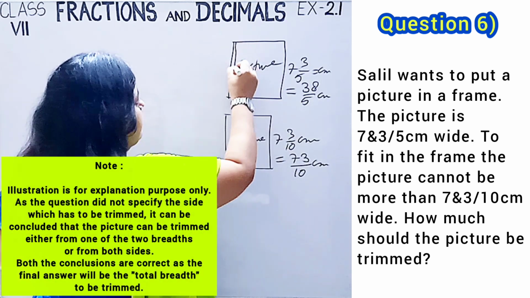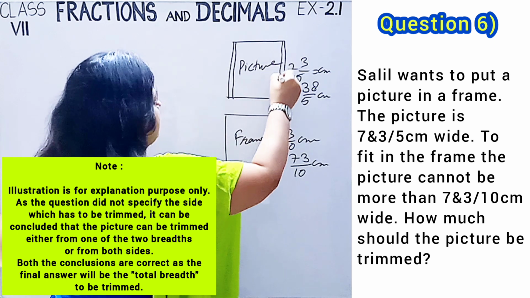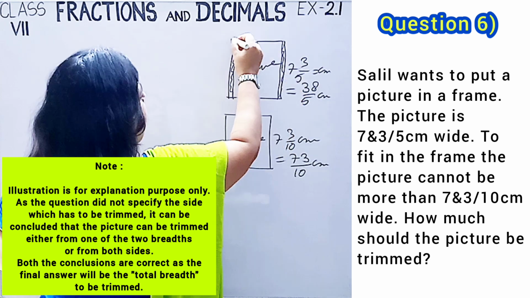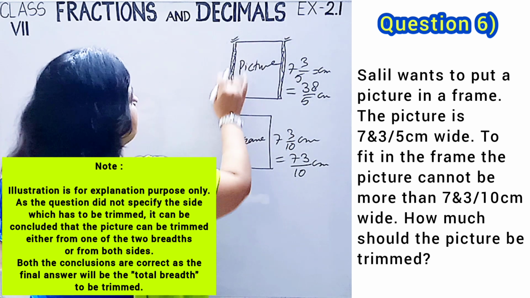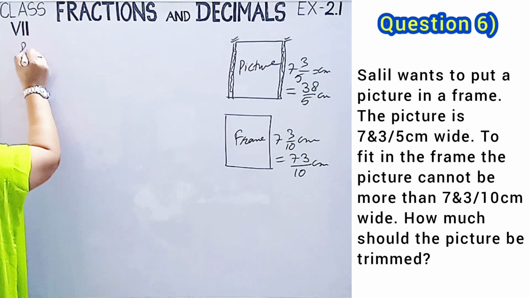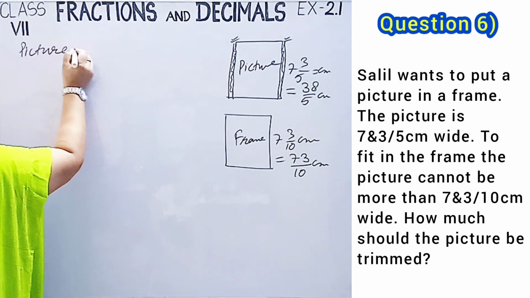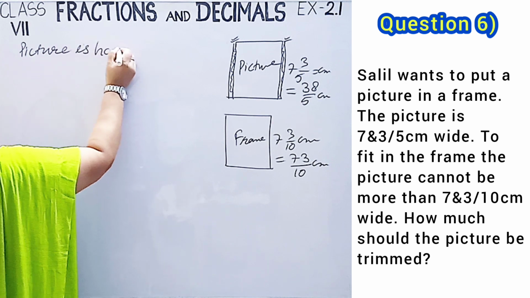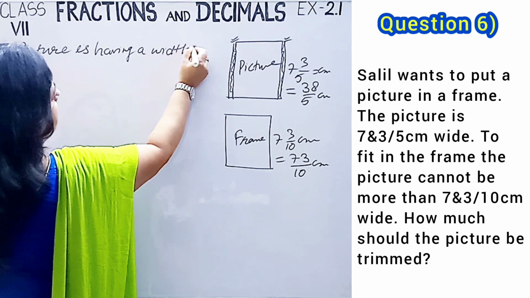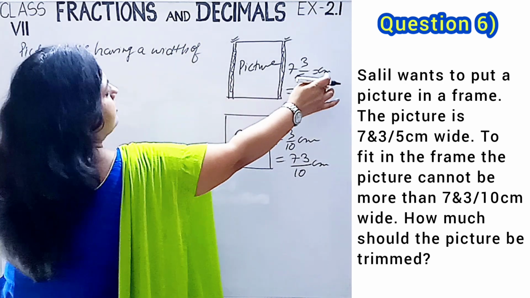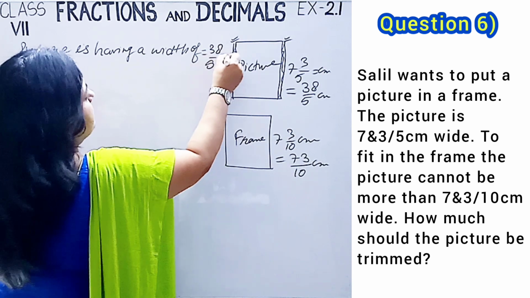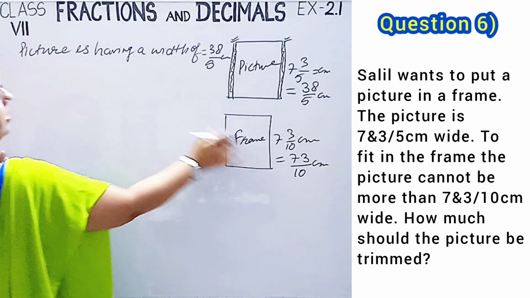From here, the width portion, we have to trim this picture. So here, how much length do we have to trim? So the picture has a width of 38 by 5 centimeter. Now coming to the frame.